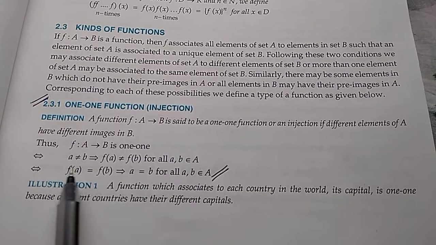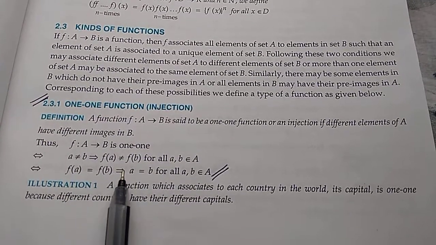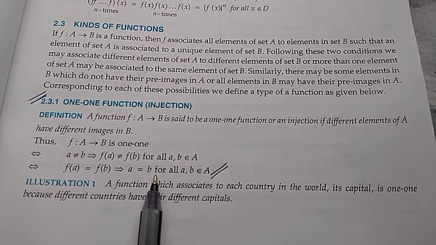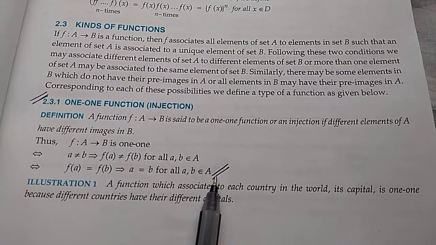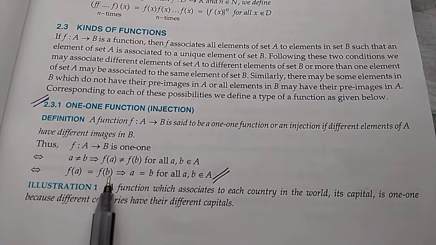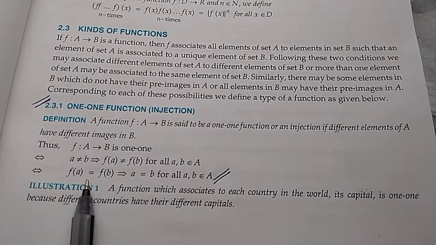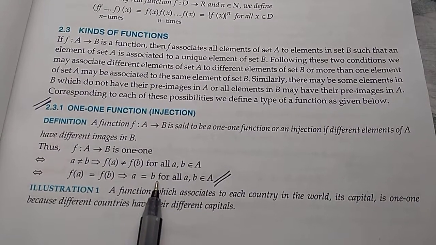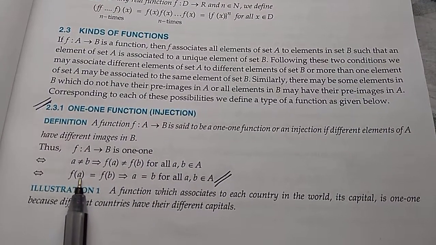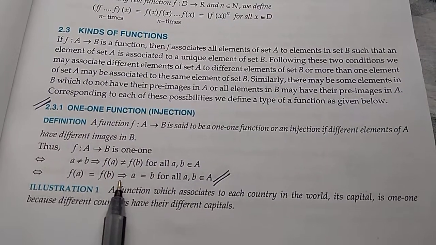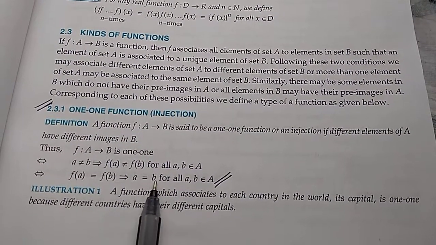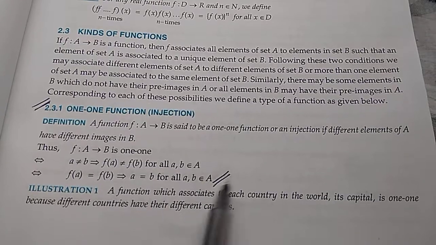Or if and only if f(a) is equal to f(b) implies a is equal to b for all a, b belonging to A. That is, if images of two elements are the same, then the preimages are the same.